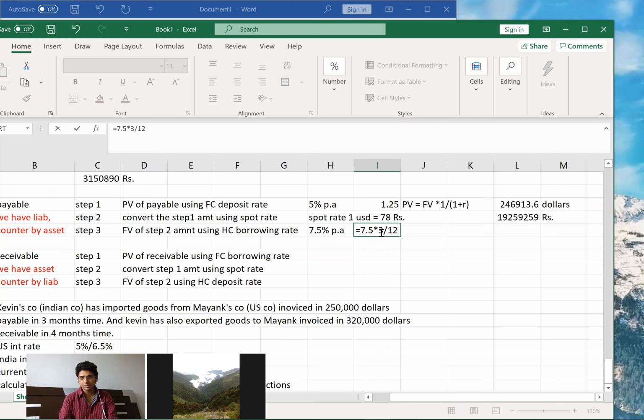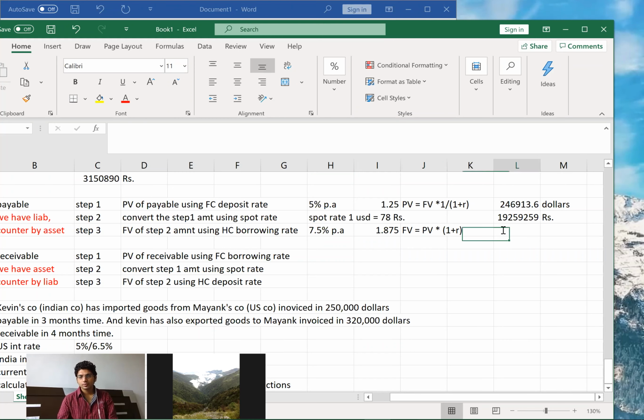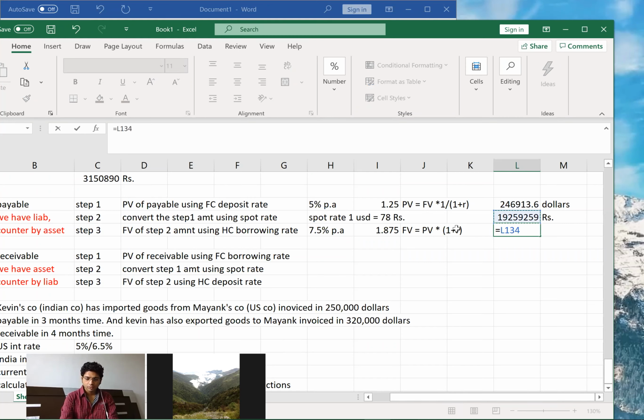We are doing the payable sum. So 3 months, 1.875. So future value equals present value into 1 plus R. This is the present value into 1 plus R, so 1.01875.